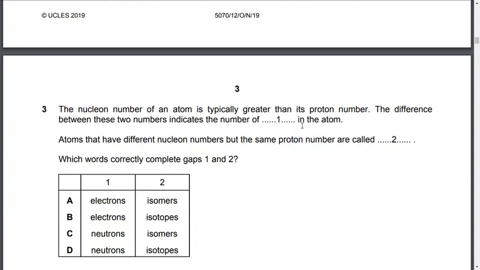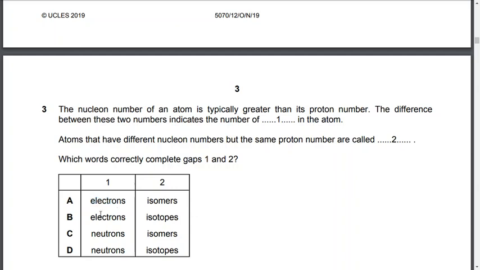If you want me to explain it a bit more mathematically, nucleon number is equal to proton number plus neutron number. So if proton number is shifted to the other side, nucleon number minus proton number is equal to the number of neutrons in the nucleus.